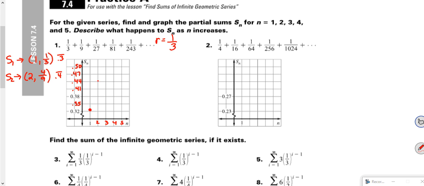It would be just a skosh above. I put it right on it, and it really should have been just a skosh above, because 0.44 is like 0.44000, and this would be 0.44444.